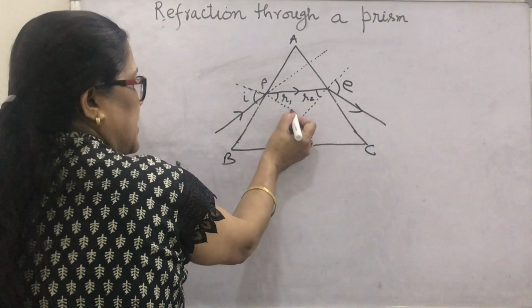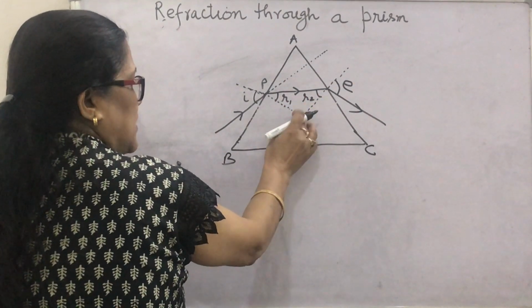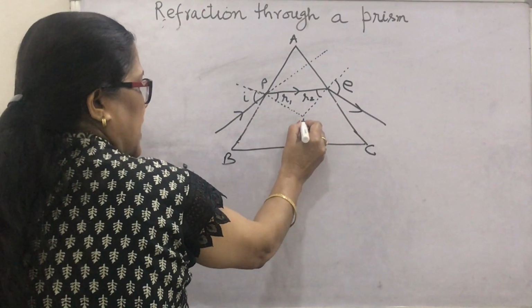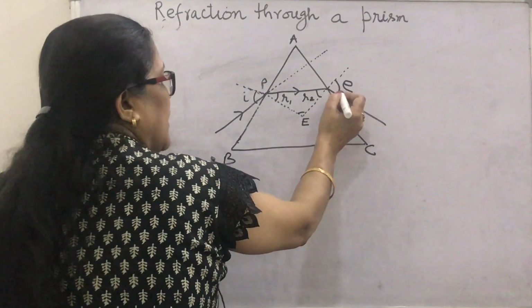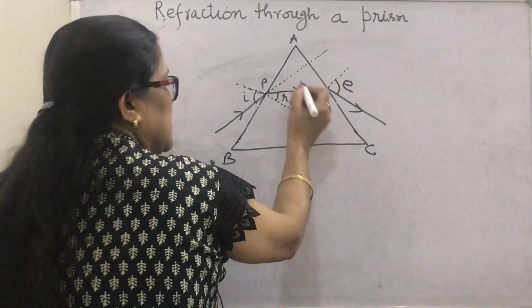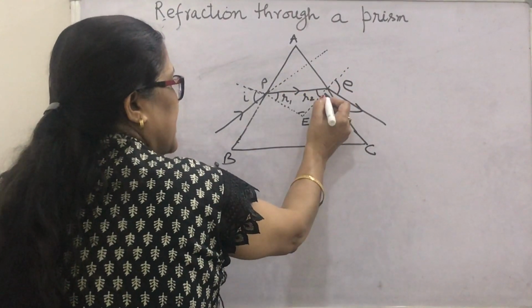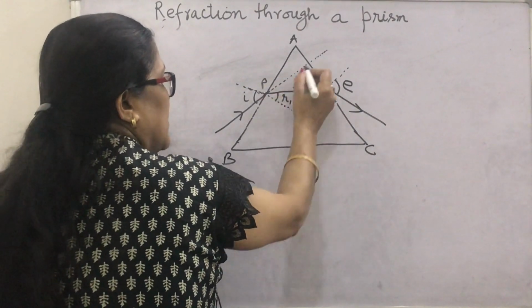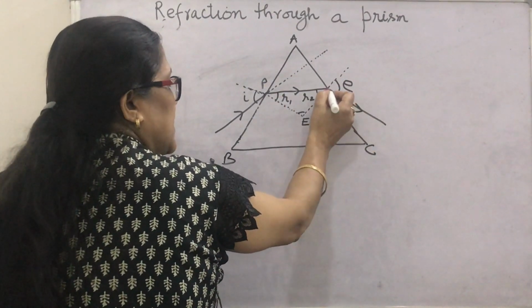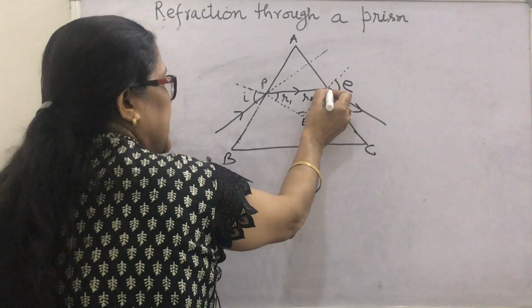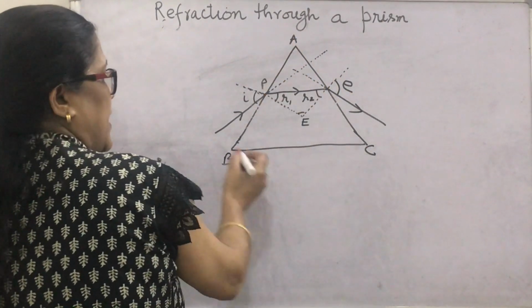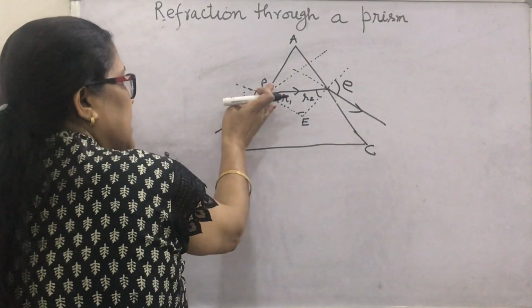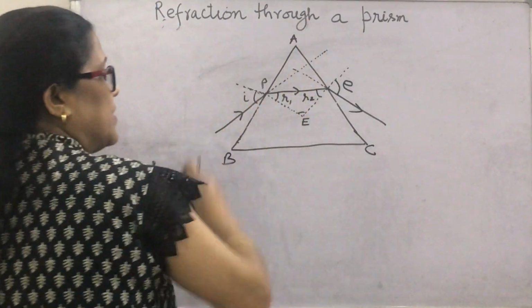If you join these two normals, then suppose this is the angle E at which they meet. As this is the refracted ray, the emergent ray is extended back and the incident ray is extended forward.